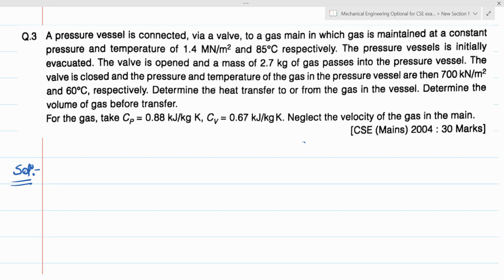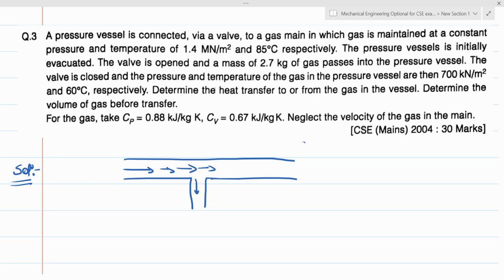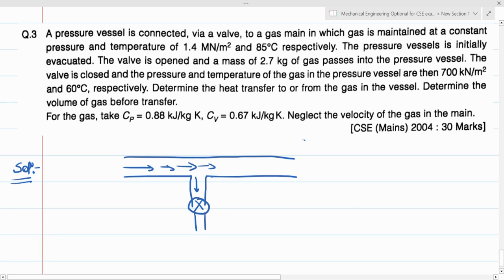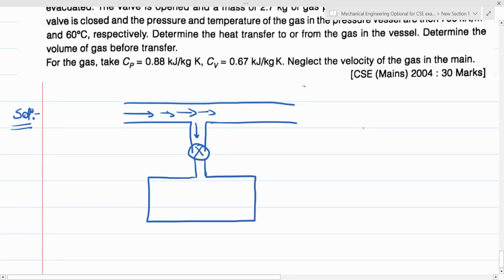So let us try to understand what is shown in this question. In this pipeline, gas is flowing like this. Now this is a valve, it is now open. This is a chamber here.